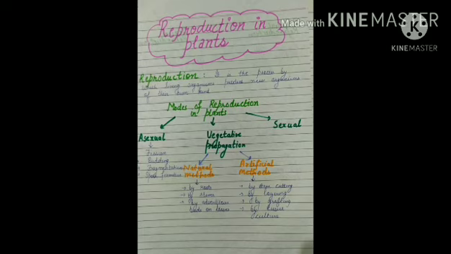The natural method of vegetative propagation is possible by roots, by stem and by adventitious buds, and the artificial method by which the plants may develop vegetatively is possible by stem cutting, by layering process, by grafting and by tissue culture.